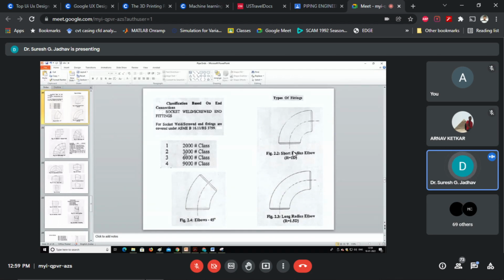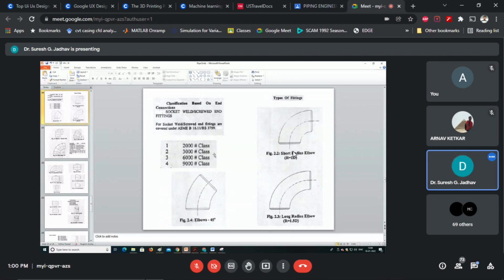The earlier class, that is 3000 class, is applicable to both screw as well as socket weld fittings, and the earlier 2000 class is applicable only to screw fittings. See the difference: 2000, 3000 and 6000 pressure class.